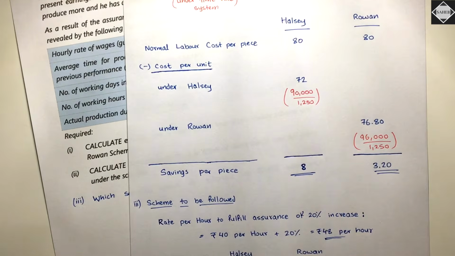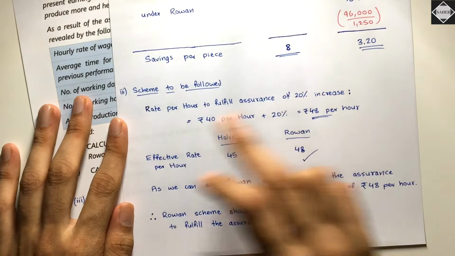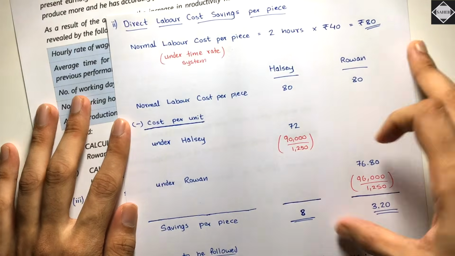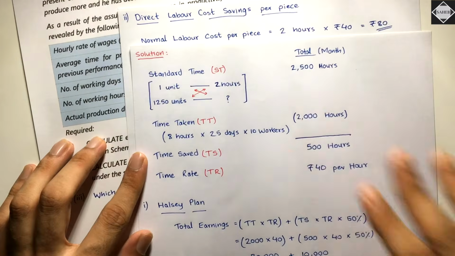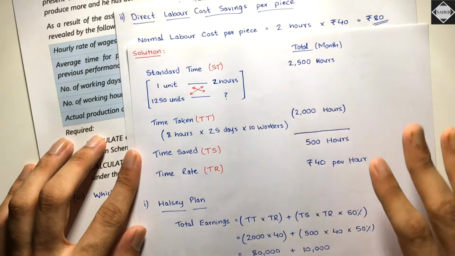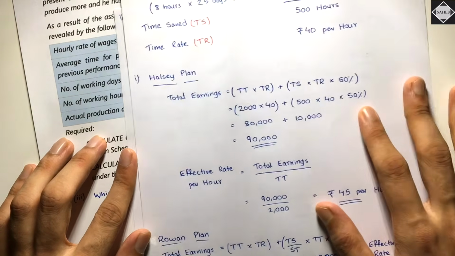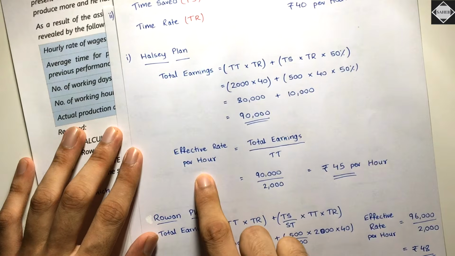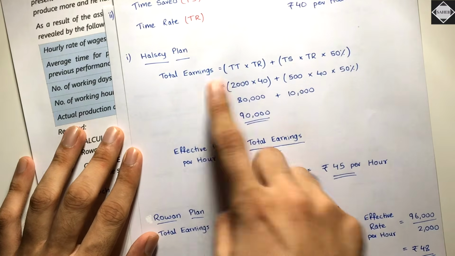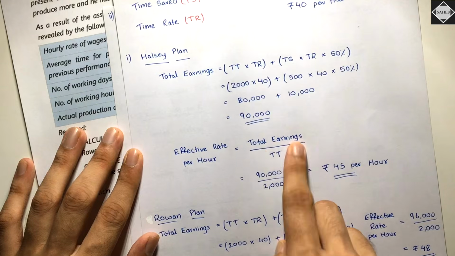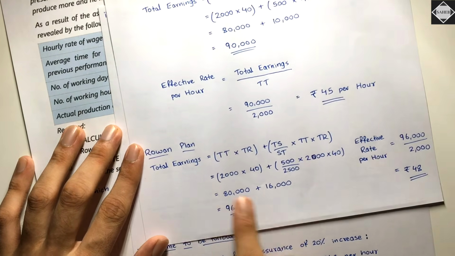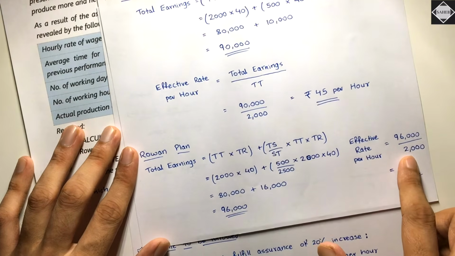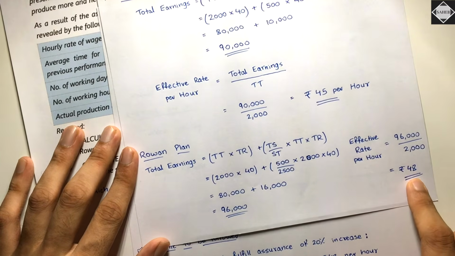Is it clear? So that's all for this video. I hope you have understood that it's really simple. Here, what did we do? First we extracted the information, a little bit of calculation was there, and then to calculate the effective rate per hour, first we need earnings. So first we calculated the earnings, then took the earnings and divided by the time taken, and we got the effective rate per hour. The same with the Rowan plan as well: total earnings first, divide by the time taken, you get the effective rate per hour.